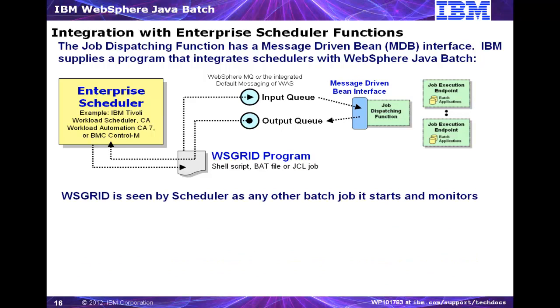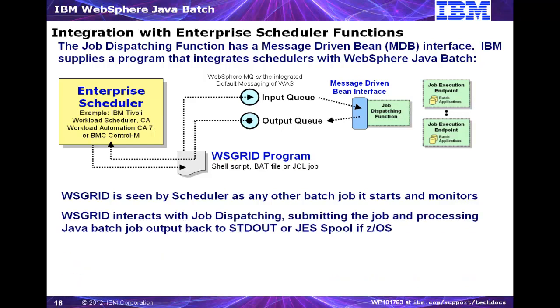So in summary, WS-Grid is seen by the enterprise scheduler as any other batch job or process it would submit. The enterprise scheduler does not know WebSphere Java Batch is in the picture. The enterprise scheduler does not need to understand the interface requirements of WebSphere Java Batch. To the enterprise scheduler, it's business as usual processing. WS-Grid interacts with the MDB interface of the WebSphere Java Batch dispatching function.